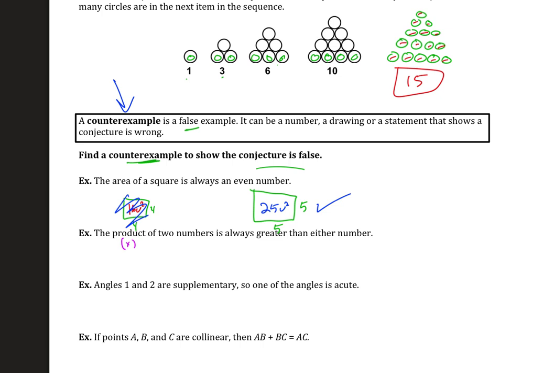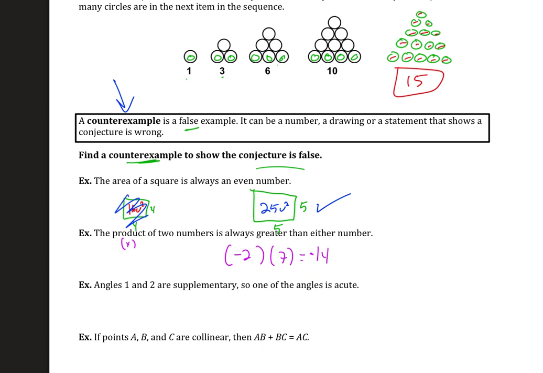Integers, what happens if I use a negative number? Negative 2 times 7. That gives me negative 14. And negative 14 is less than 7, and it is also less than negative 2. So here's a counterexample of the product of 2 numbers, where the answer is not greater than either number.